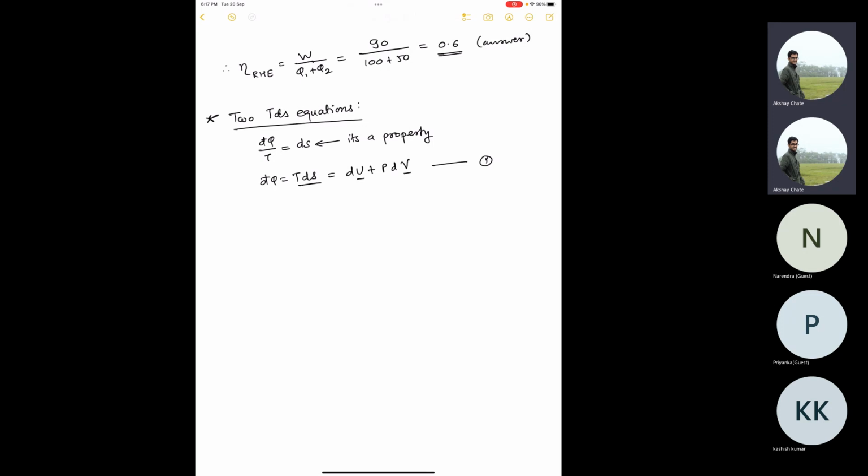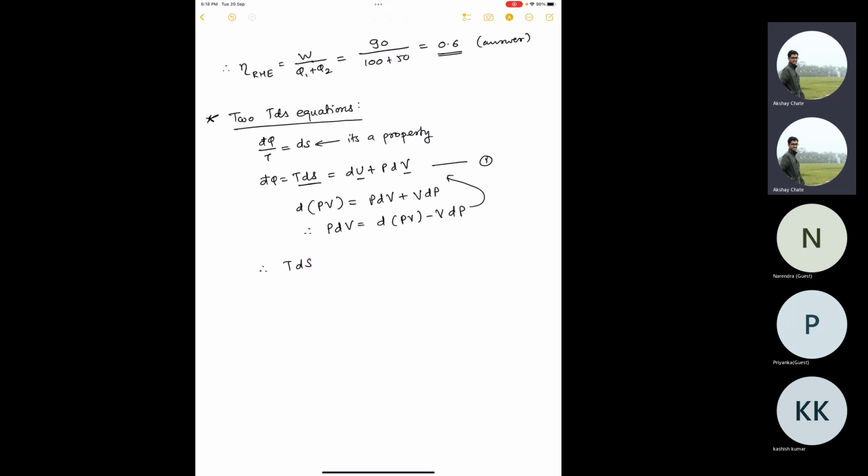Then there is another TDS equation, which you can get by some manipulation. I can write the differential of PV as PdV plus VdP, right? So PdV is dPV minus VdP. This is not a small v, this is a capital V. Put this in equation 1.